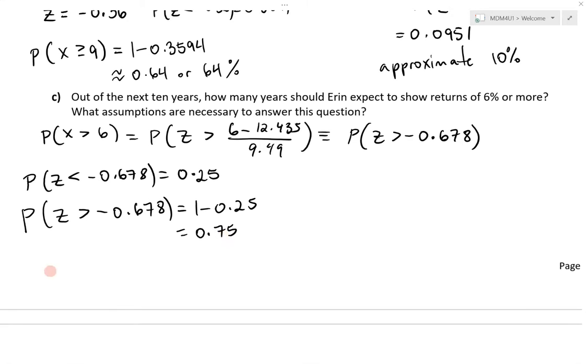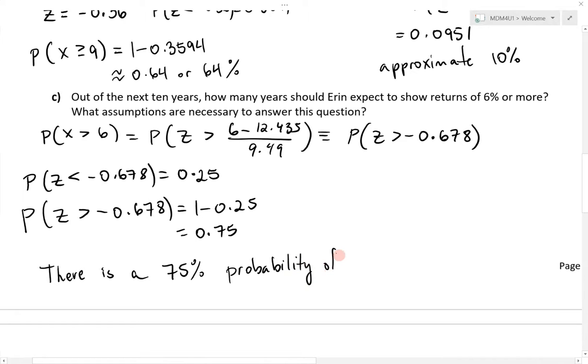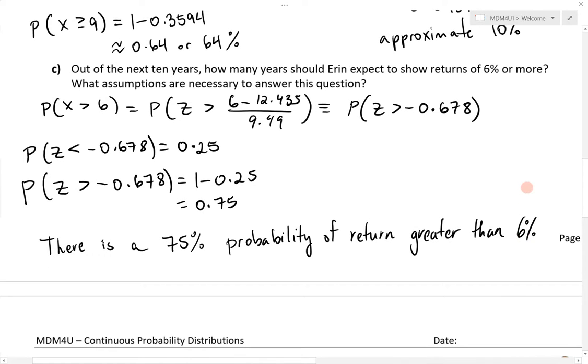It means that there is a 75% probability of a return greater than 6%. So you can say the expectation is about 7 to 8 years out of the 10 years of investment that Aaron would get greater than 6% in returns. And I say 7 or 8 years because 75% of 10 years is 7 to 8 years.